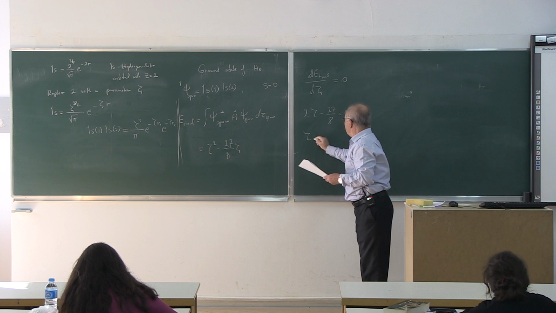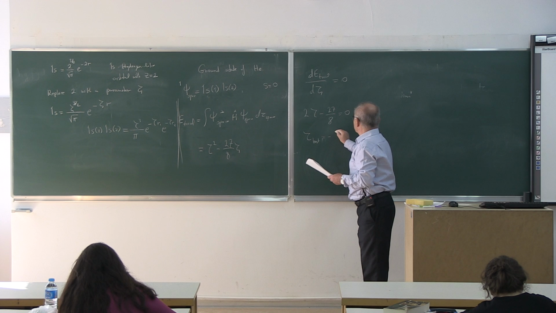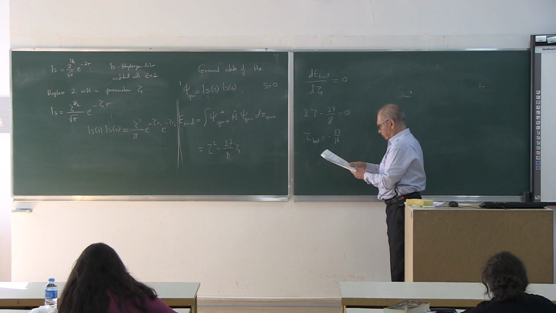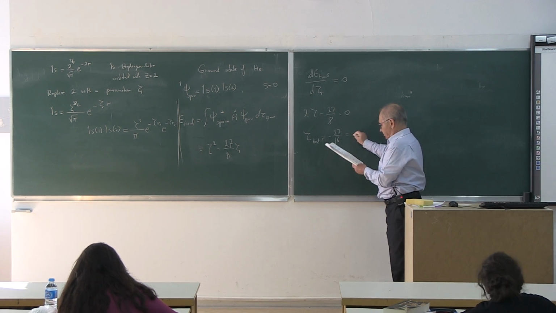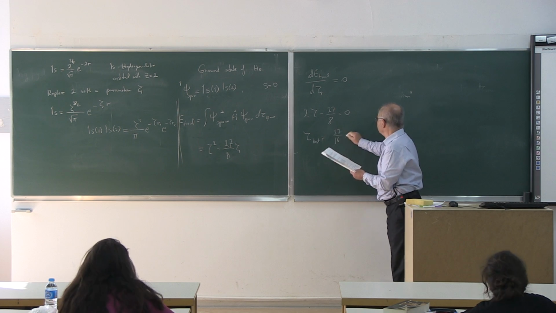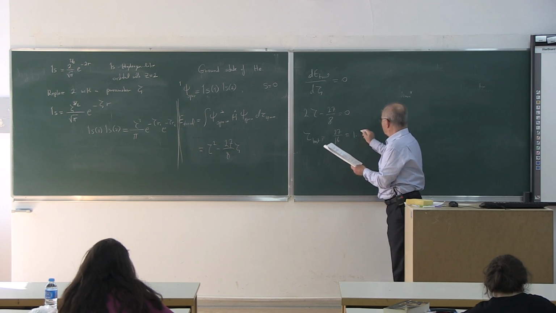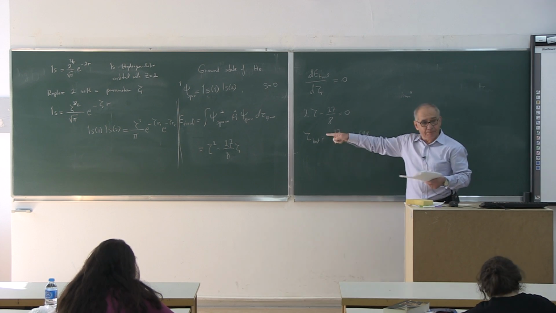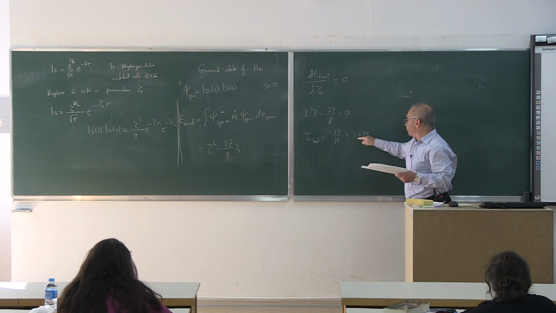So the best value for zeta is 27 over 16, or 1.688.